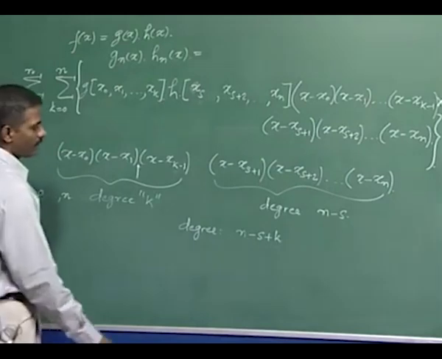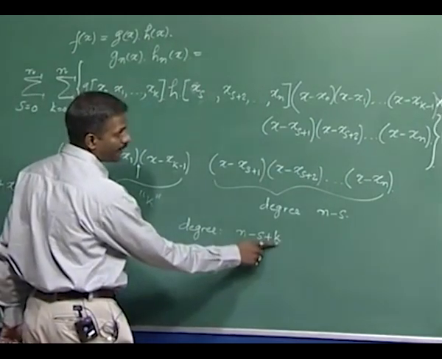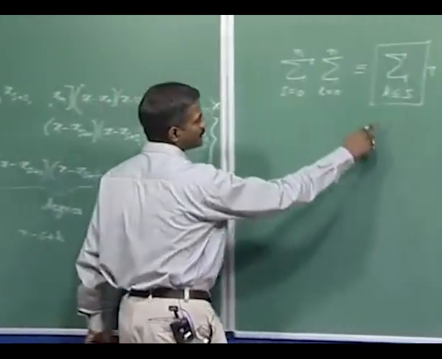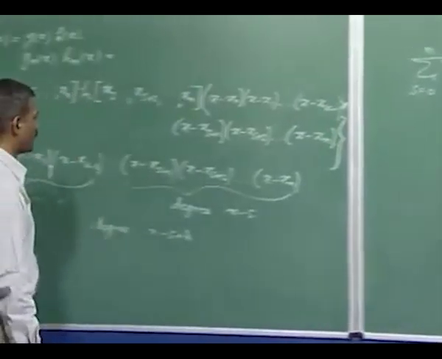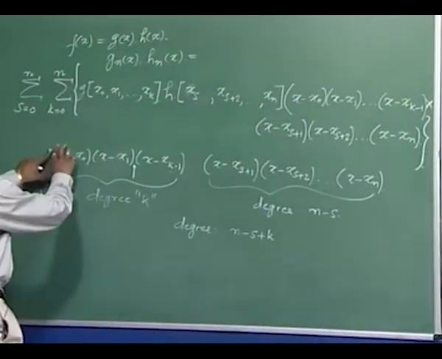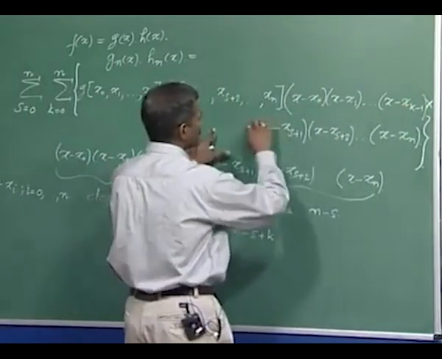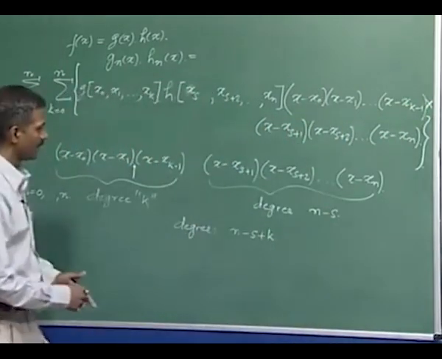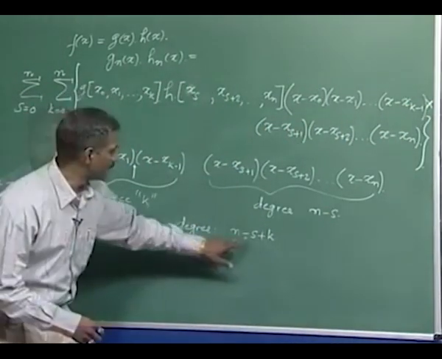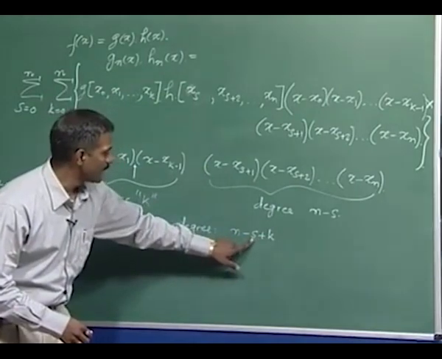The maximum value of k can be s for this case, which would mean that the maximum degree of this expression here is n if you set k equals s.